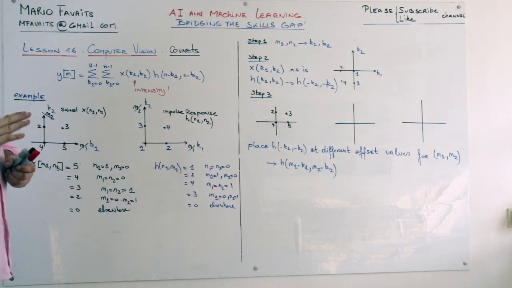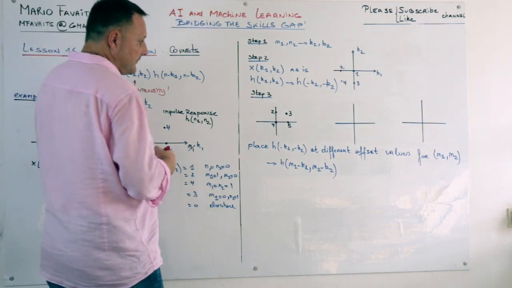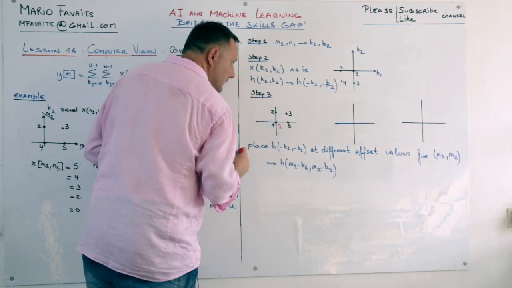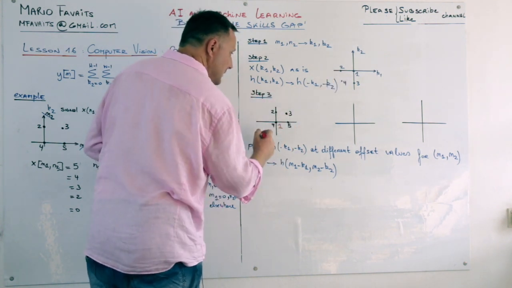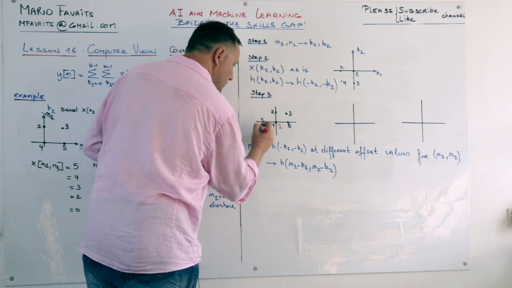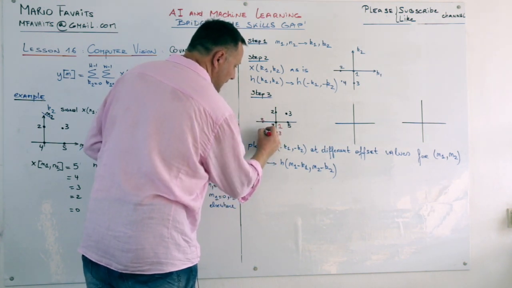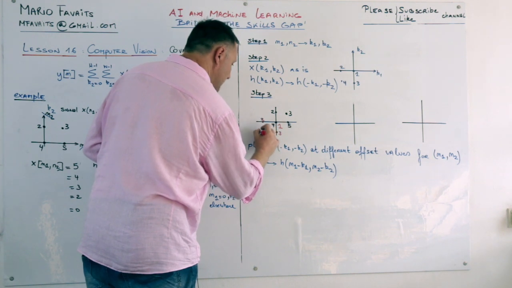When there's no overlap, the convolution is 0. On the left side, the situation we will have is that this will be 1, this will be 2, this will be 3, and this will be 4.